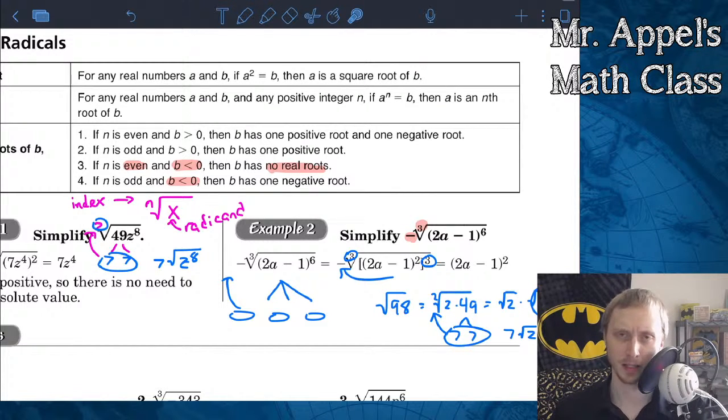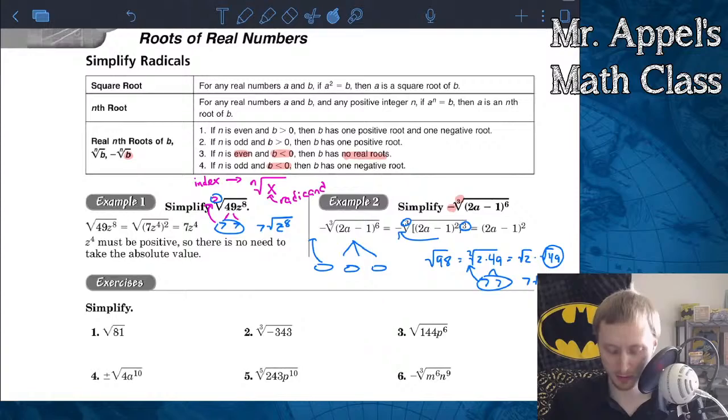Hope that makes sense. Okay, any questions there? No? All right, this should be review from Algebra 1.